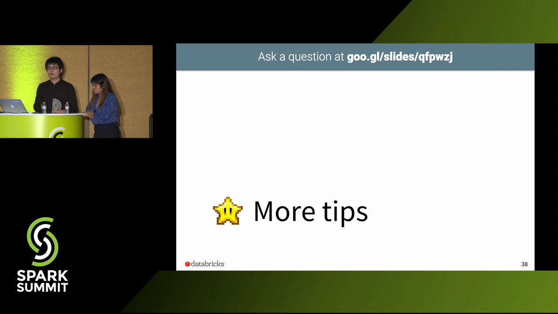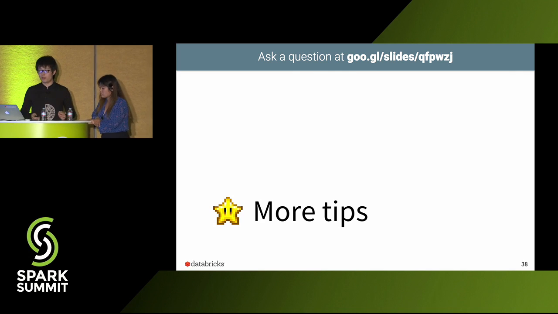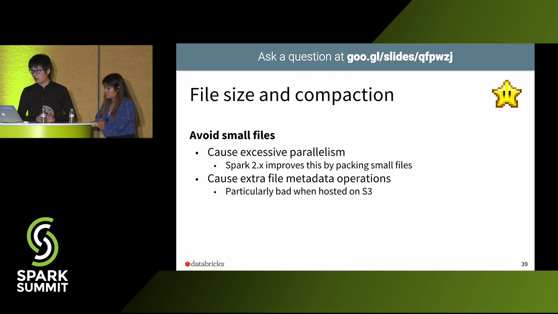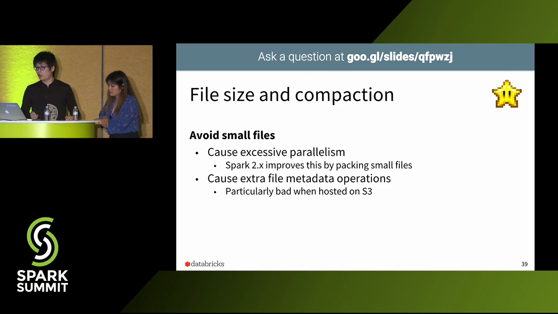Next, I'm going to discuss some other best practices about Spark. The first one is file size and compaction. As we all know, small files are not welcome in big data processing because they cause excessive parallelism.